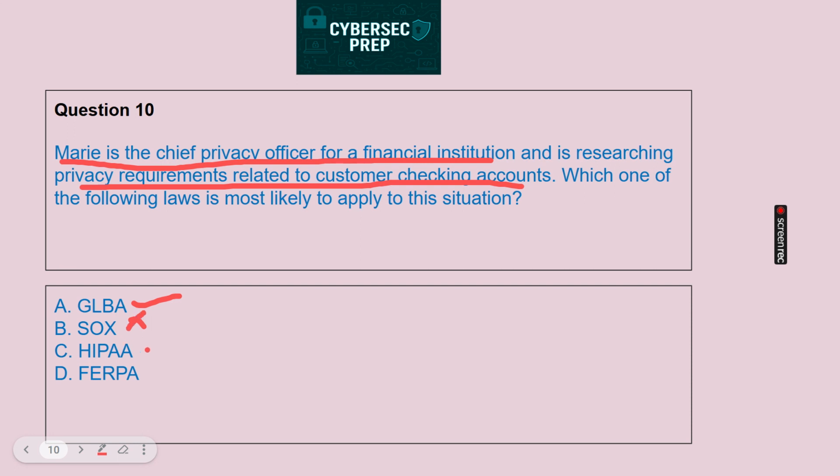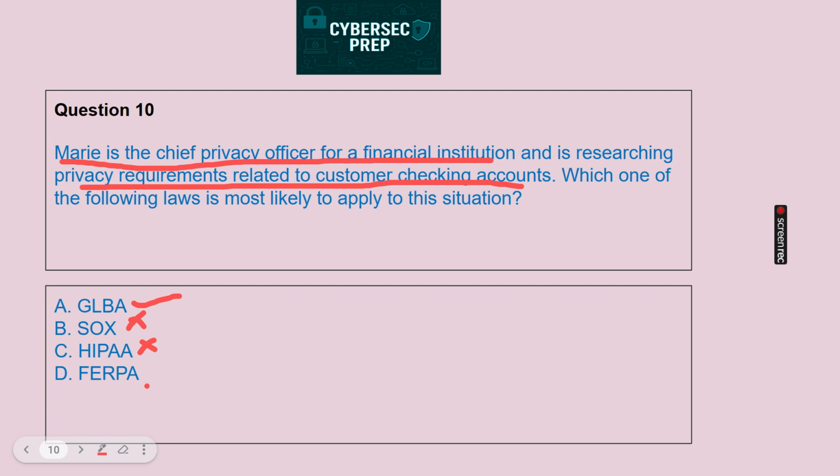Next is HIPAA. HIPAA stands for Health Insurance Portability and Accountability Act, and this act regulates the handling of protected health information. In the question, there is no reference to protected health information (PHI) data, so this option is not a correct option. Next, we are moving to FERPA.